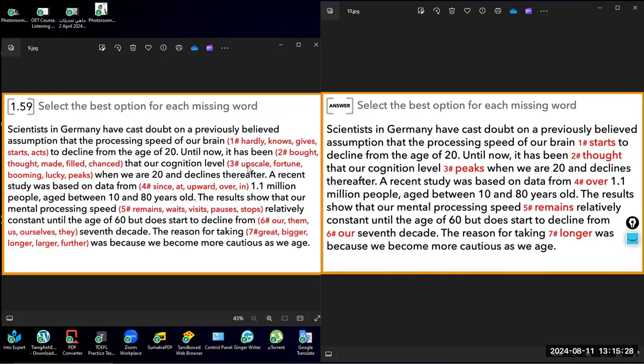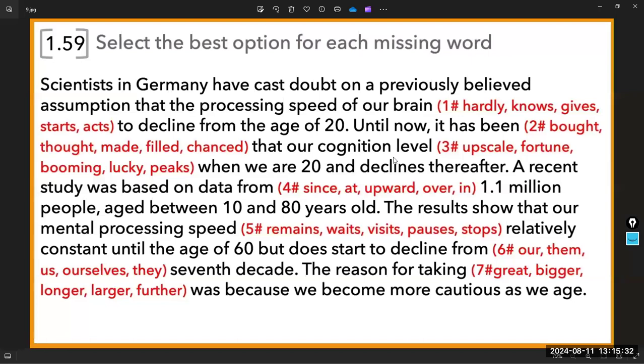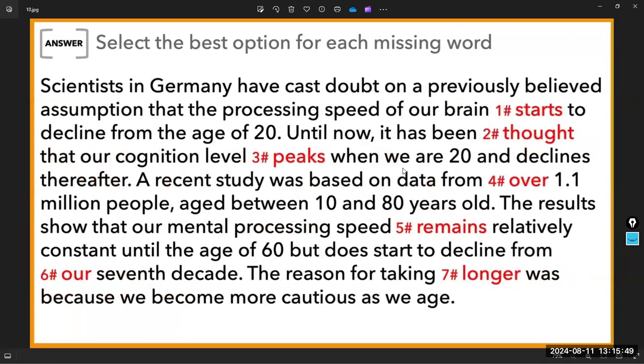Now I think we have to complete the practicing. Now let me show you the next passage, and as usual, I have to stop for 1 minute. Then we have to complete. And if you need more time, because we are practicing, try to pause the video just to be able to select the words correctly.